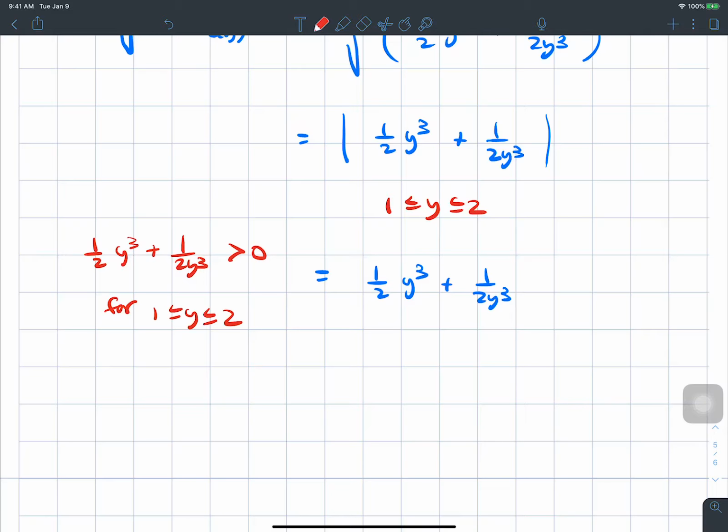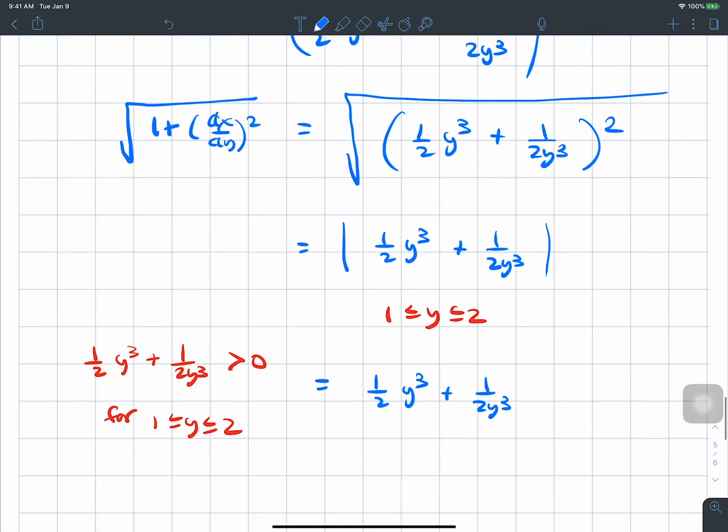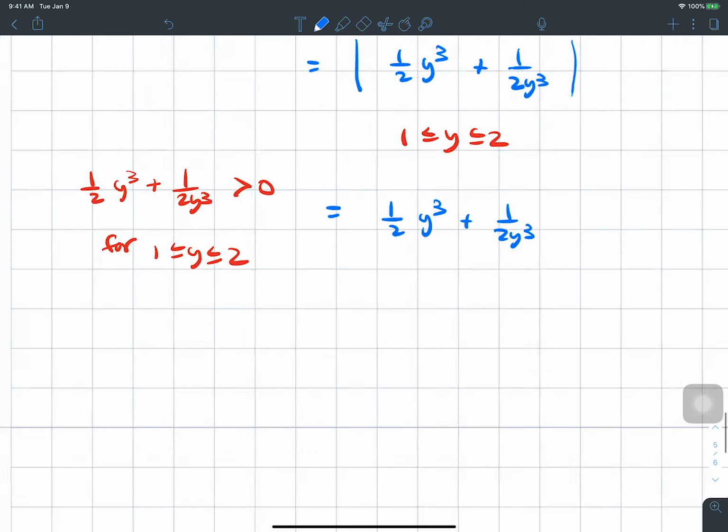That's why we can get rid of it. And that's why it's a good thing. So there's some symmetry here that I talked about. We can factor that. It's a perfect square trinomial. It becomes the absolute value, and what's inside is positive. And that's good. Now we can integrate, because we're going to integrate from y is 1 to 2 of 1/2 y cubed plus 1 over 2y cubed, and that's dy.